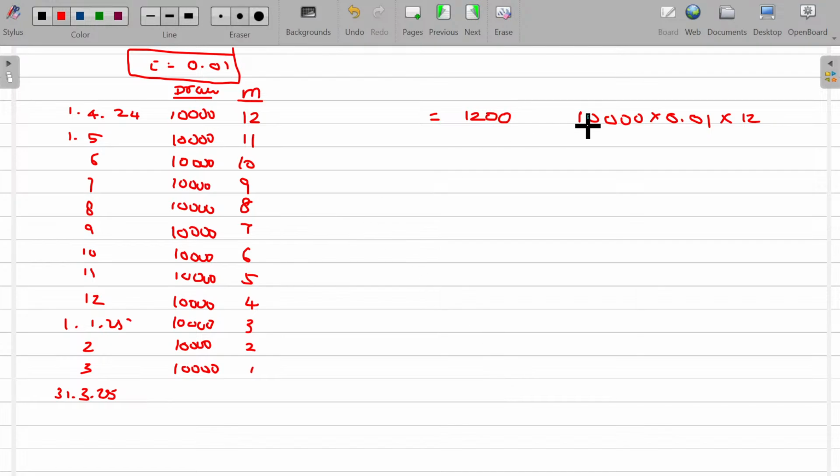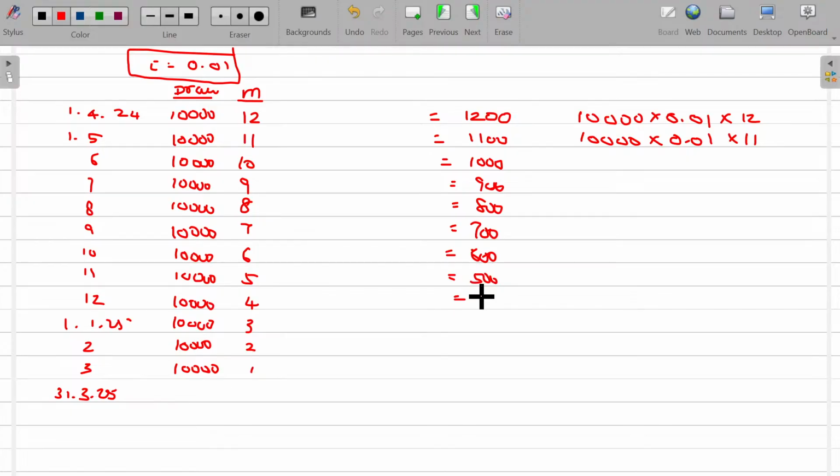Now for the second one, you have to calculate for 11 months only, 1,100. In such a way, if you calculate independently, what's the final value? Every month, 100 rupees will be reduced.